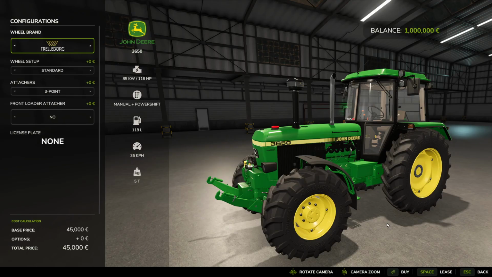So if you know you need a tractor and you drive around with it a lot, it adds up so quickly that it could be better to just buy it, or if you don't have the money, even to take a loan and then buy it.